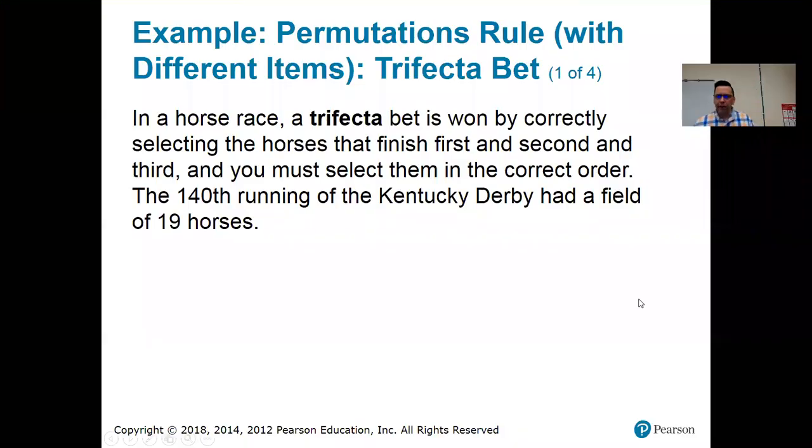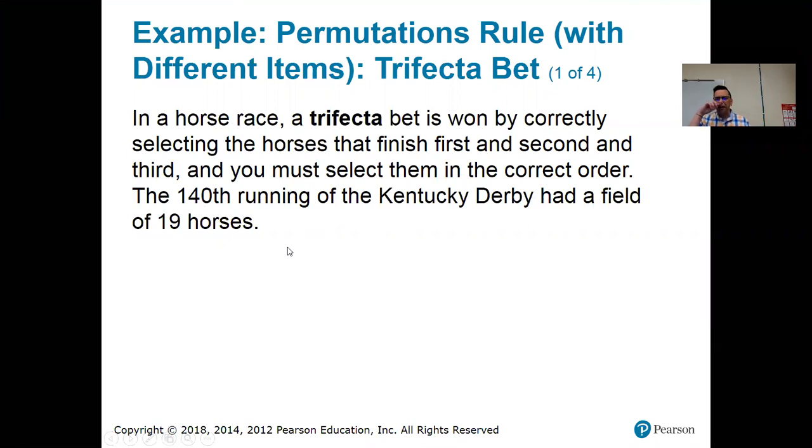So here's the official example. In a horse race, a trifecta bet is won by correctly selecting the horses that finish first, second, and third in the correct order. So that's a very difficult bet to win. The 140th running of the Kentucky Derby had a field of 19 horses.